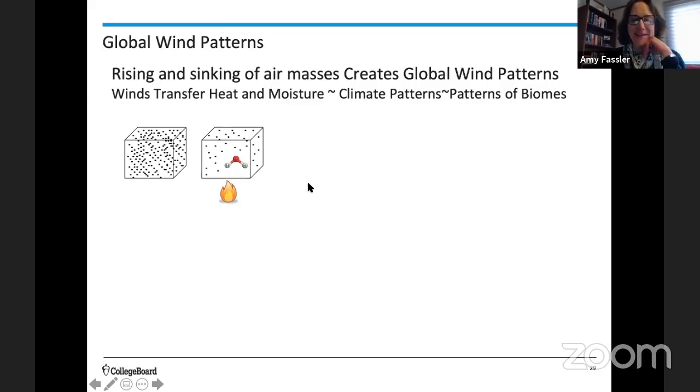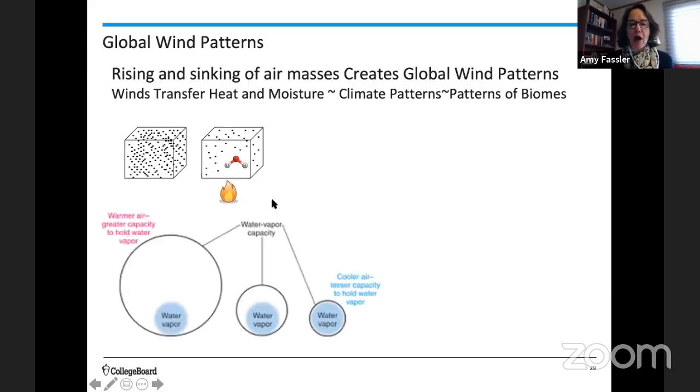So let's go back to our little model of this warm air mass with low density. Picture a little water molecule in there. When I have a low density warm air mass, there's all kinds of space between those air molecules for little water molecules to slip in. It doesn't work quite that way with a cold air mass where the molecules are really close together and very dense.